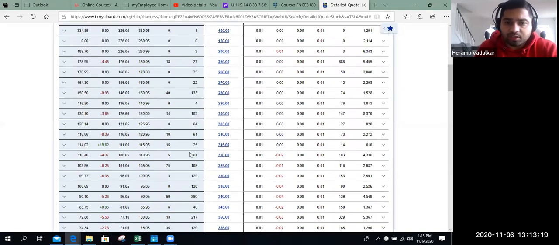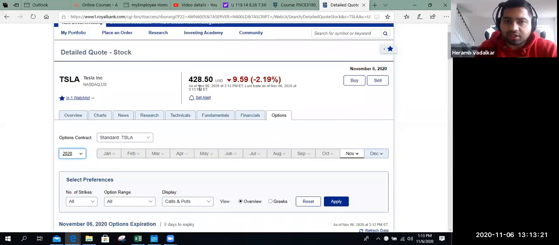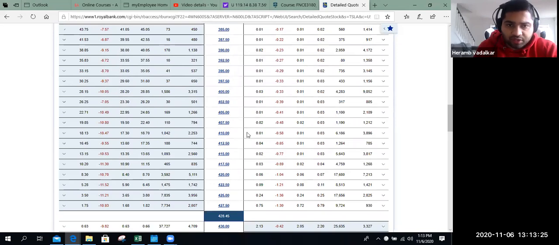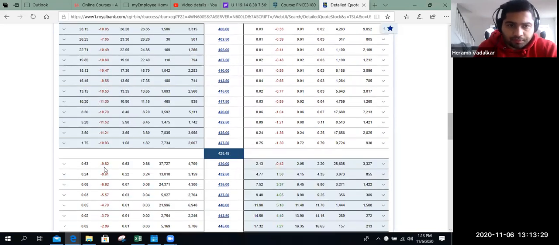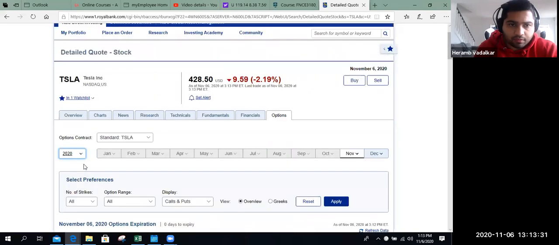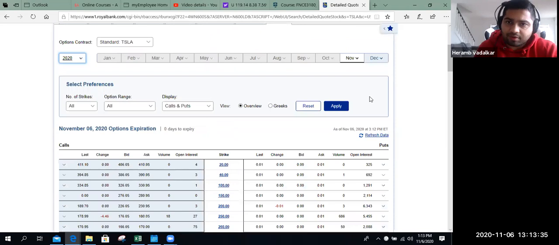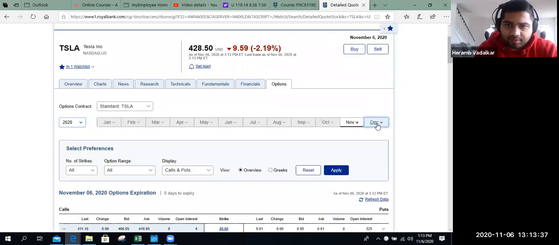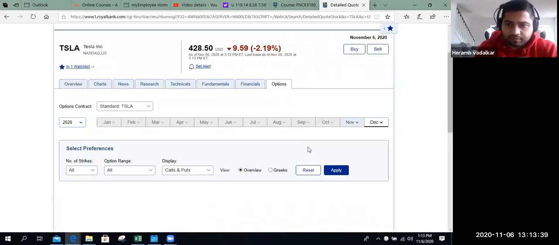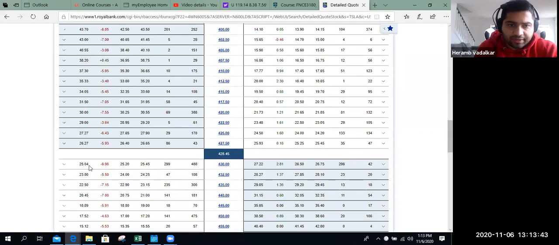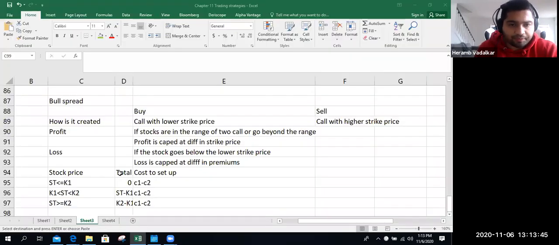So how do you do a bull spread? The stock is at 430. Okay. So you go to 430. This is the last price, right? Last traded price. We'll see December options. The premiums will be a little bit higher. So at 430, $25 is the premium.